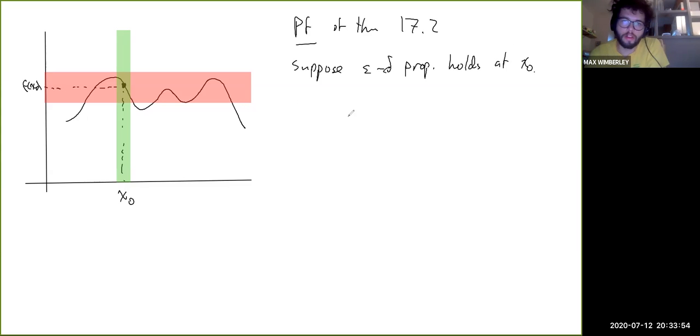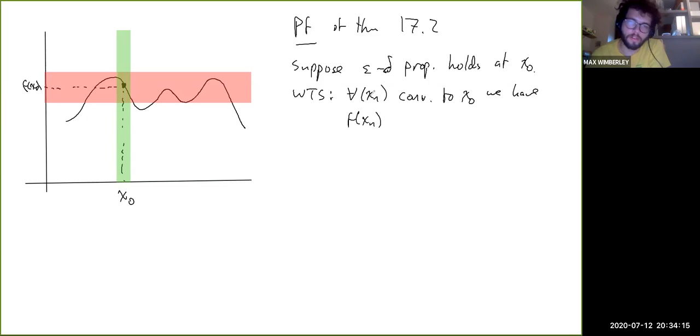So here's what I'm going to say. Let's suppose, and we want to show, for all xn converging to x naught, we have f of xn approaches f of x naught. This is for all sequences xn in the domain of f, of course.